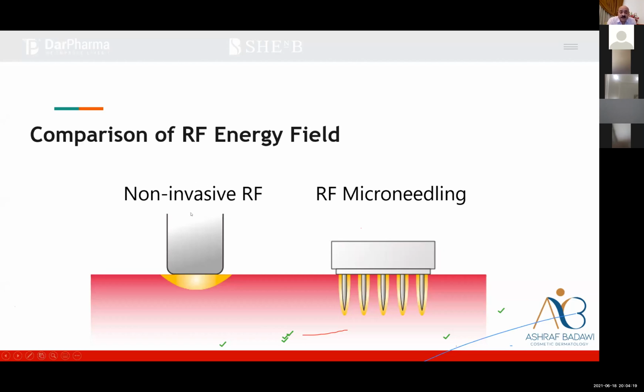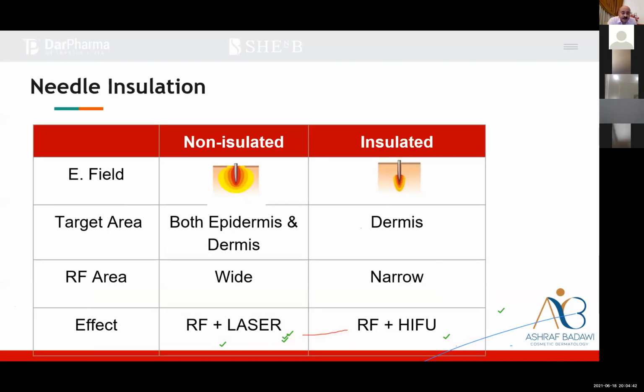The non-invasive radiofrequency is definitely more appealing because people hate needles and hate pain. So we can use the non-invasive radiofrequency. However, it is not going to be as reproducible and as effective as the microneedling radiofrequency because we discussed already the different benefits of the needling of the skin.